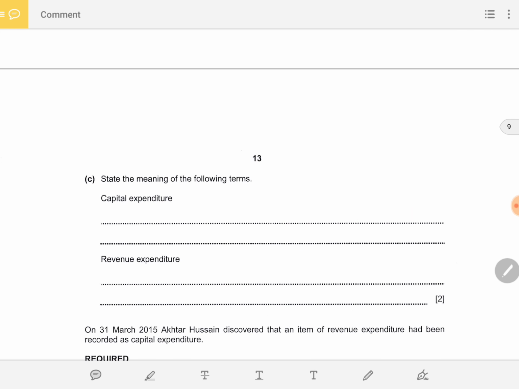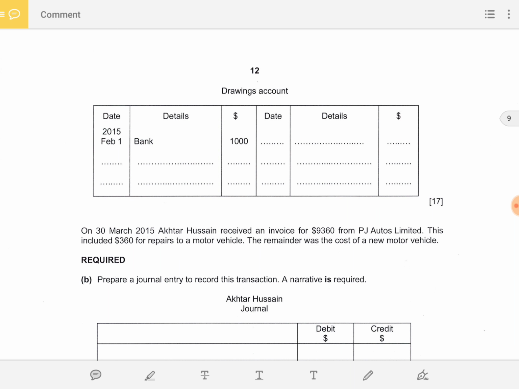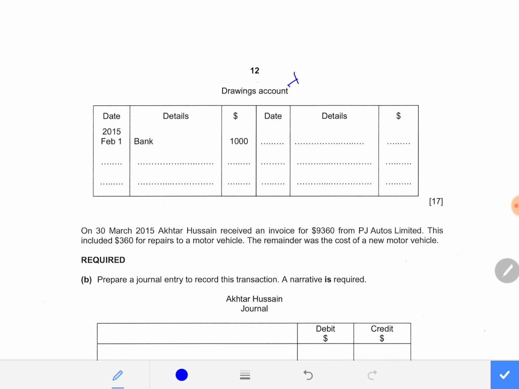Next is the account of drawings. The account of drawings is really simple. Whenever there is a drawings, you must always close it to capital. It's always like that.